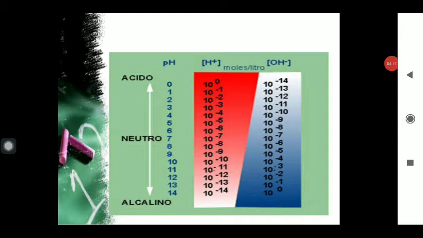Now the question arises: how can the concentration of the H3O positive ion be estimated? What do you mean by this concentration? The concentration of any compound can be expressed in terms of molarity, in terms of normality, or in terms of molality or mole fraction.